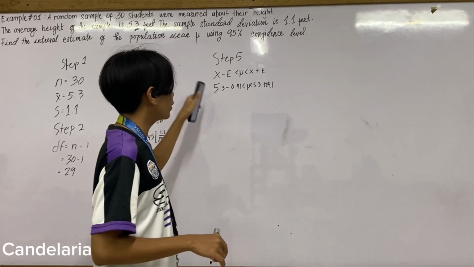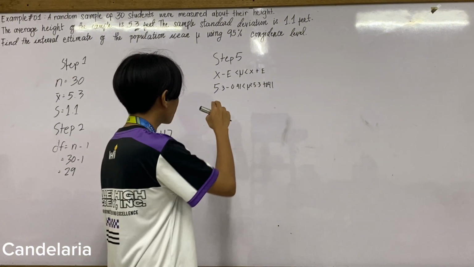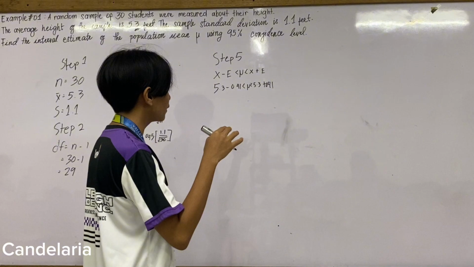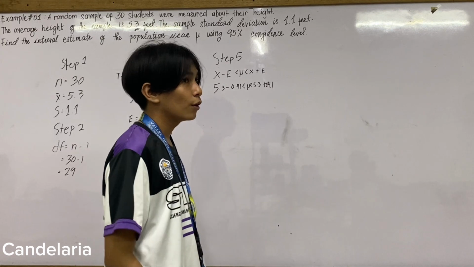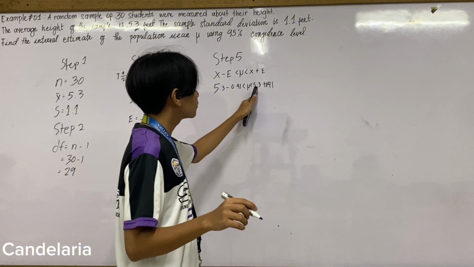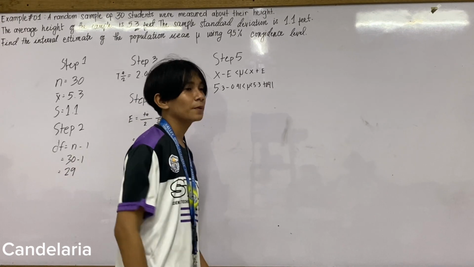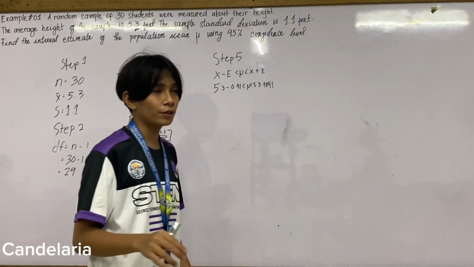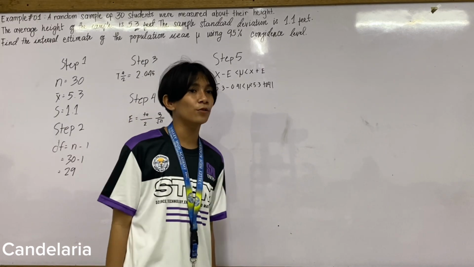Our mean is 5.3 minus our error, that is 0.41, and for our middle, we need to write the symbol of the population mean, and we need to write again the sample mean plus the error. So our second number is 5.3 plus 0.41.